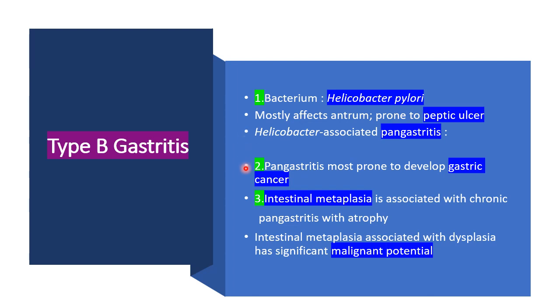Pangastritis is most prone to develop gastric cancer. Intestinal metaplasia associated with chronic pangastritis with atrophy is a common complication. Intestinal metaplasia associated with dysplasia has a significant malignant potential.